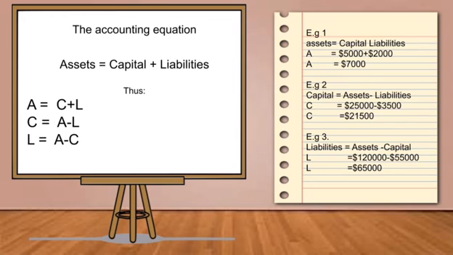Now we want to find liabilities. Therefore, we are going to take away capital from assets. In this case, we will be taking away $55,000 from $120,000. That will give us a liability of $65,000.